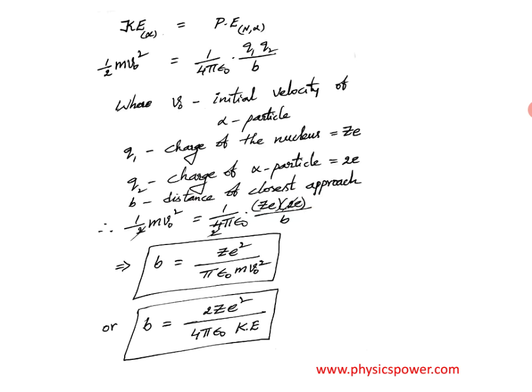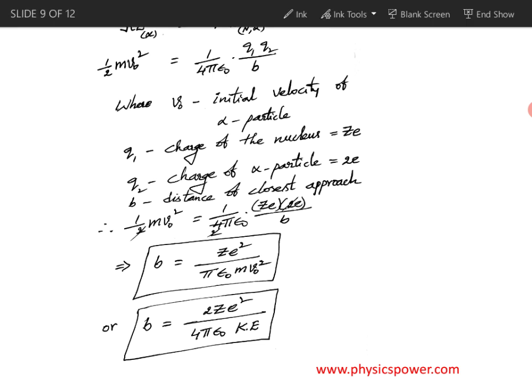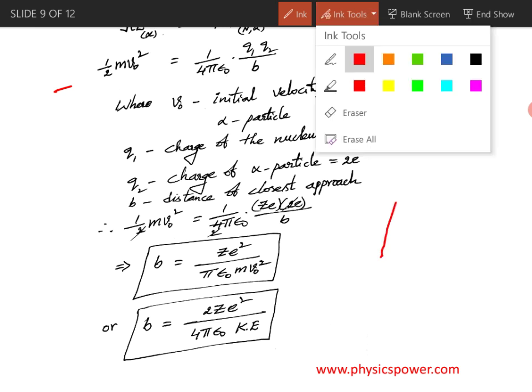So here the kinetic energy of the alpha particle and the potential energy between the nucleus and alpha particle are both equal according to conservation of energy. The kinetic energy of the alpha particle we can write as half mv square.